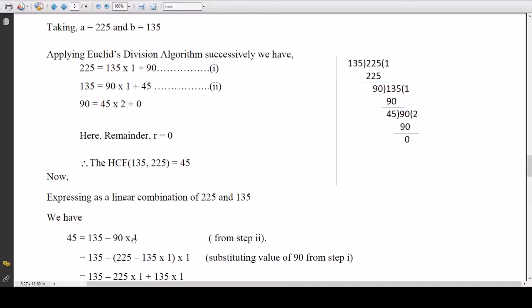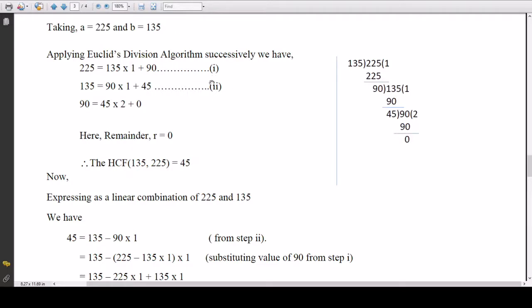Starting from the second step, now HCF is 45. Then you take this 45 from step number 2, transpose this 90 multiply 1 to the left. 45 will be equal how much? 135 minus 90 multiply 1. Clear?